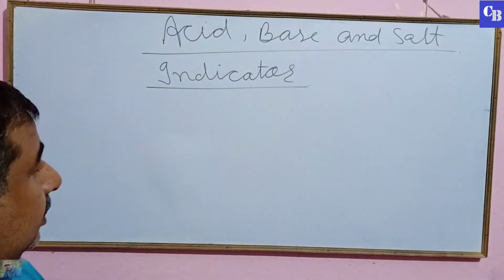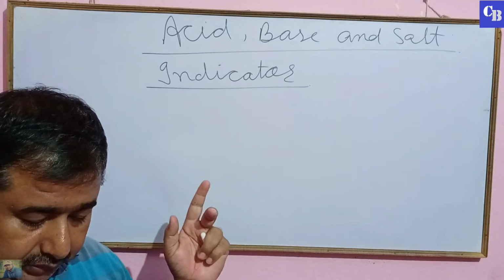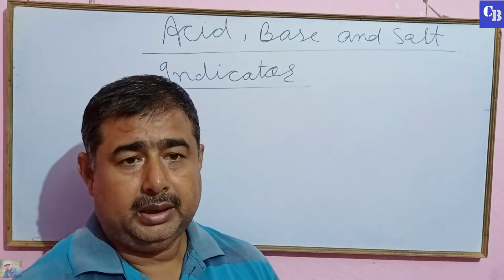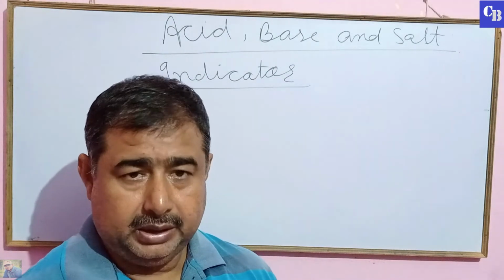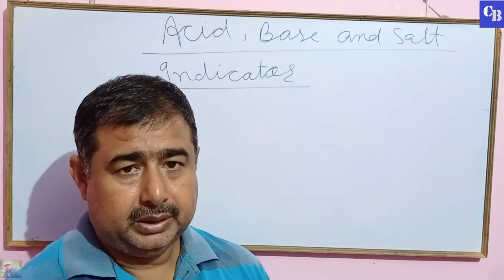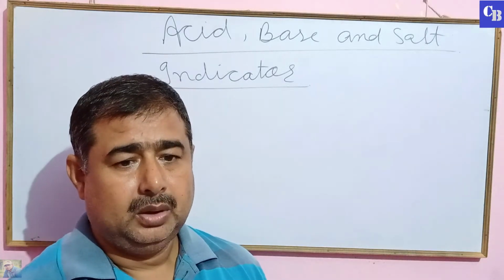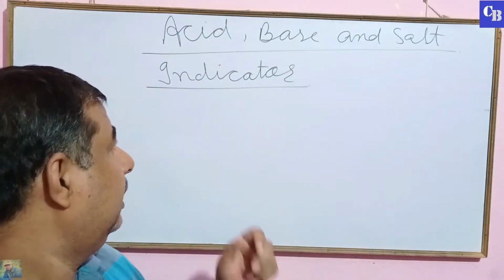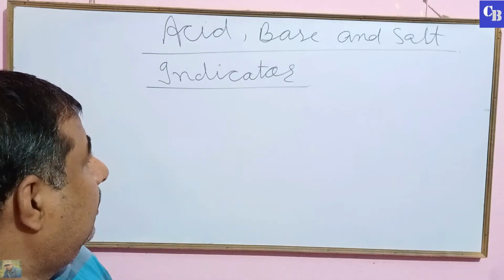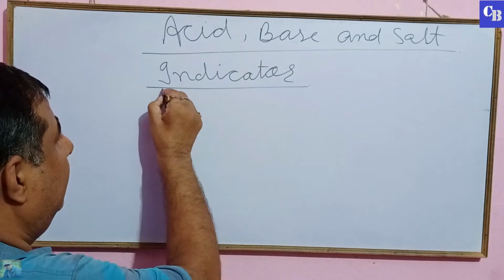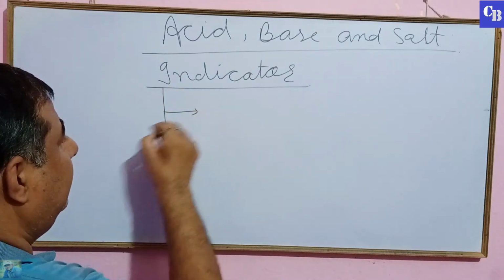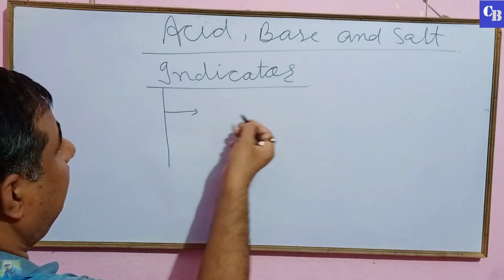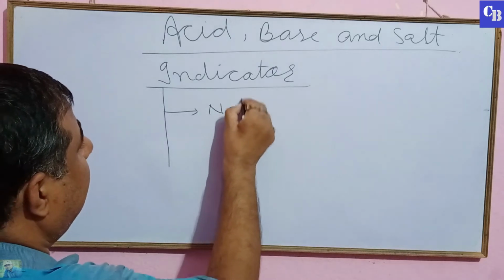It tells whether the given substance is acidic or basic by changing its color or smell. That is the indicator. On the basis of its properties, it is also classified into three groups. First, natural indicator.